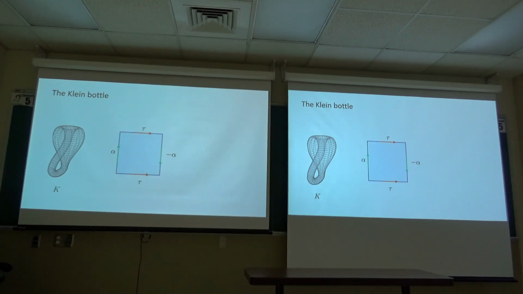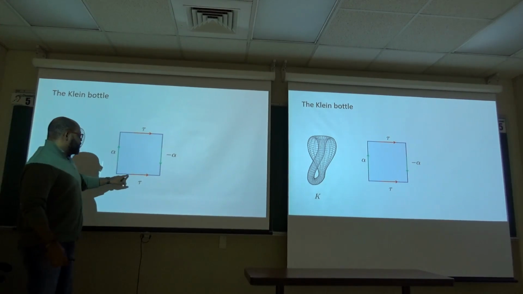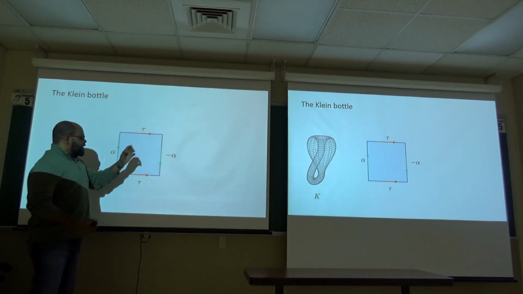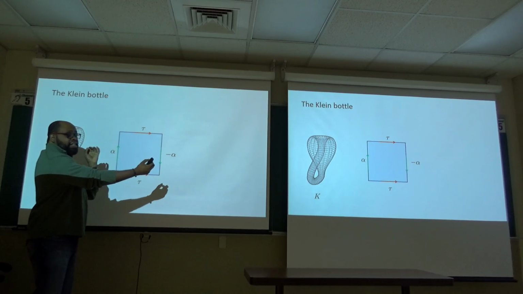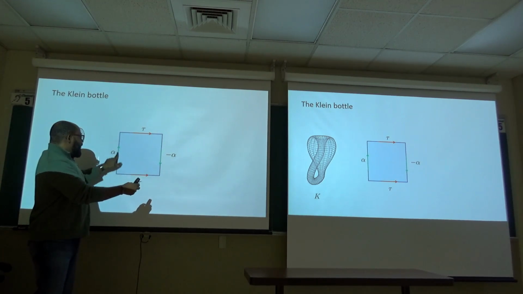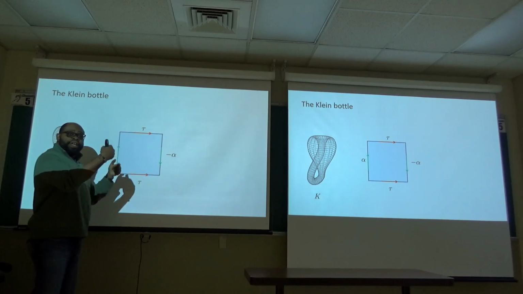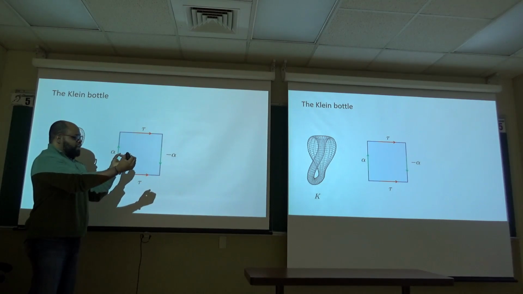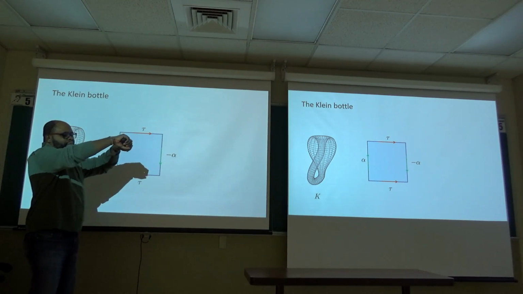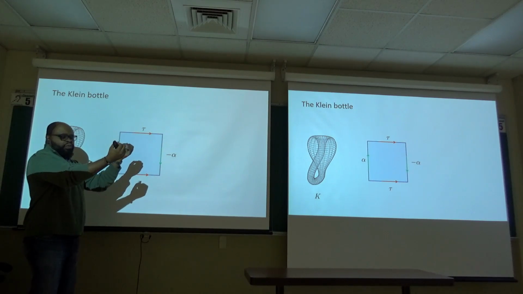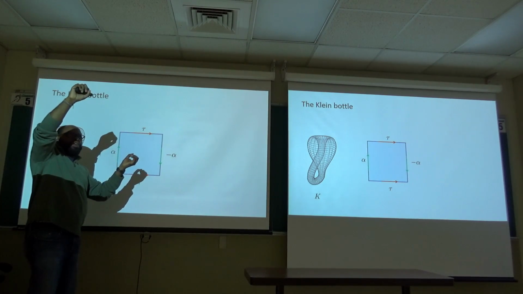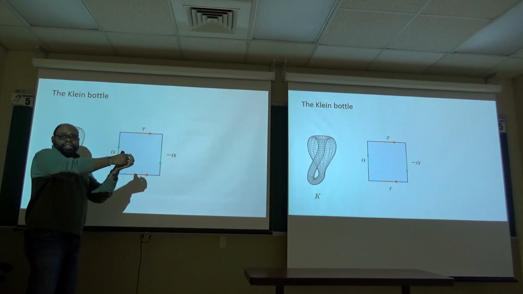Here's another model of the Klein bottle. You start with a square, and then you do the following identifications. You take the bottom with the top in the same orientation, you get a cylinder, and now the left and right circles are in different orientations. That means that you cannot go like this, because then they would coincide, which means that you have to go into sort of another dimension and then come down inside.